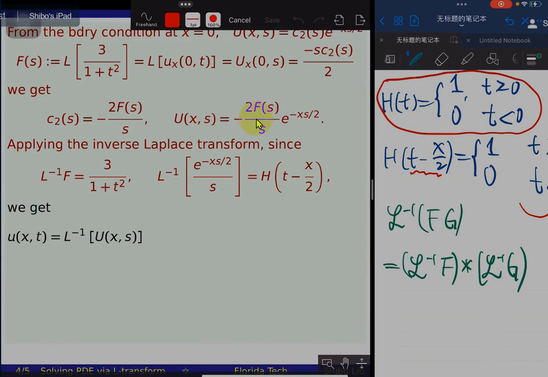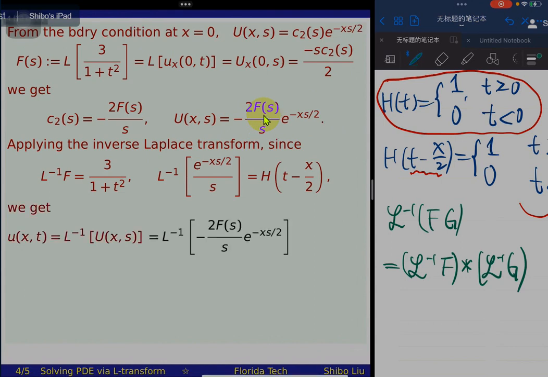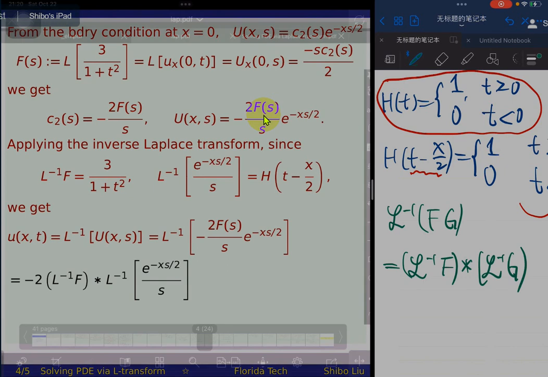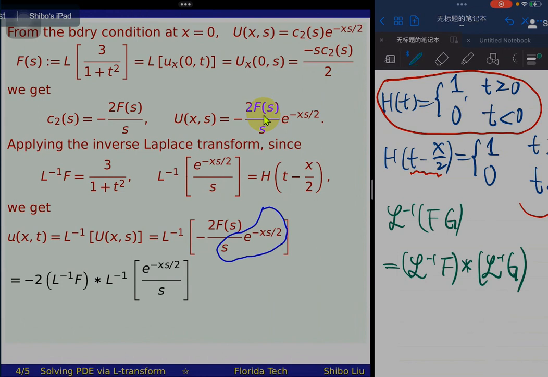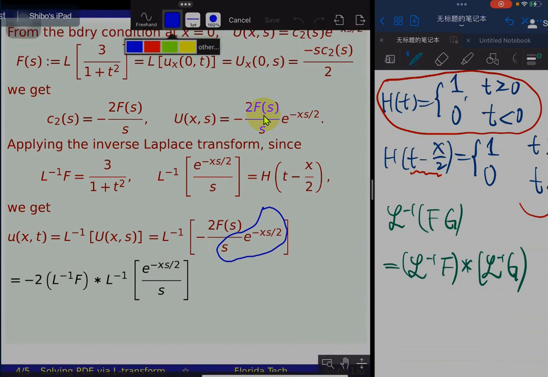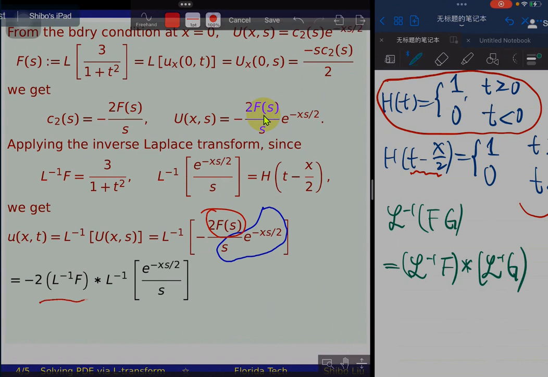Our capital U is the product of this function and the capital F. So this equals the Laplace inverse transform acting on this and also acting on F. Okay, the result is their convolution, as I wrote here.